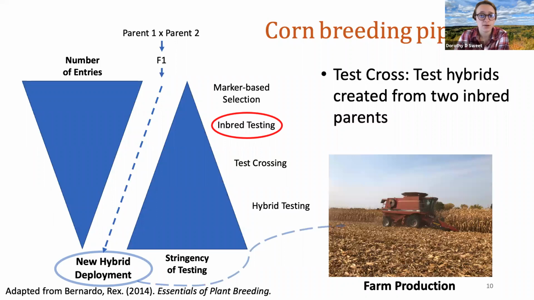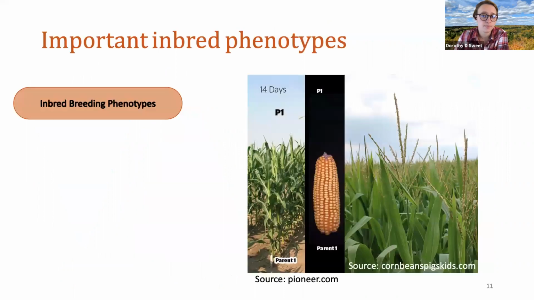So now let's talk about some of the important phenotypes at each of these stages. Each stage has some unique phenotypes. First, we're going to talk about the phenotypes for inbreds. Each of these phenotypes is collected from a different part of the inbred plant. I'm not going to be going over the reasoning for why we collect these phenotypes, but if you'd like to know, I can cover that in questions later.